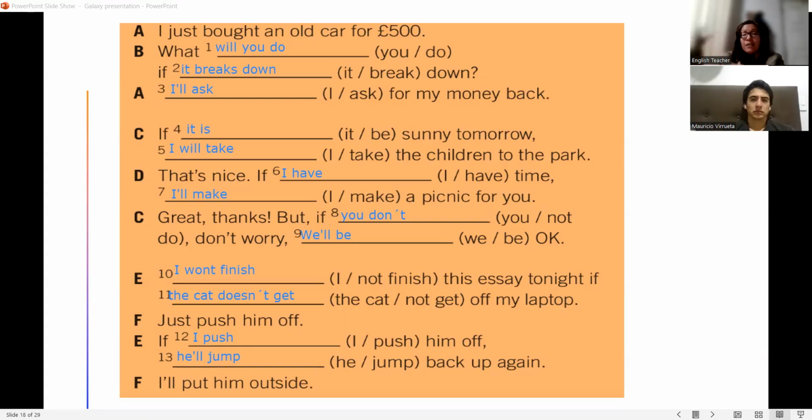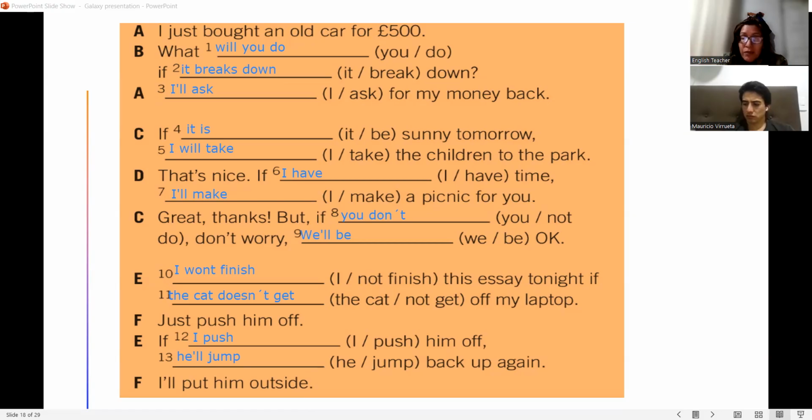But if it's something that has different possibilities, we need to use the first conditional, in which generally we use will. You can use going to, and sometimes you can use might, may, even maybe. So that is the idea when we are using this kind of conditional.